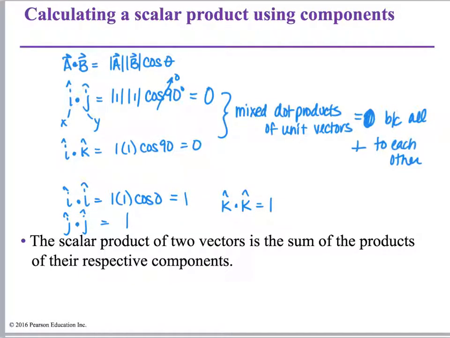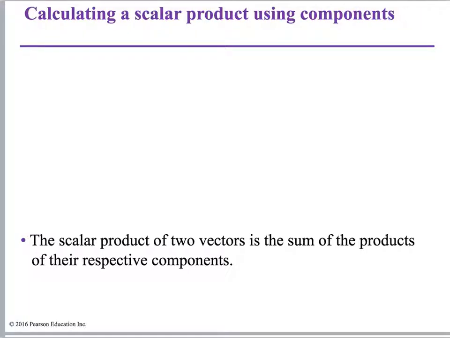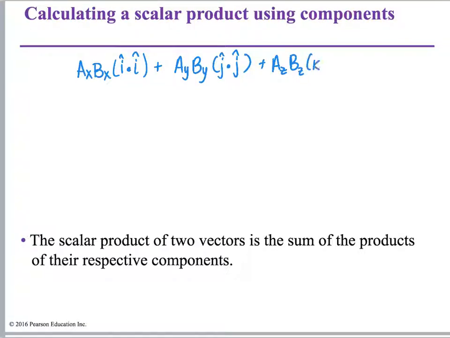So, working back, all the mixed products of those two vectors, all the terms that are mixed, like an x and a y, those vanish, and I'm only left with ax, bx, I dot I, plus ay, by, j dot j, and az, bz, k dot k.